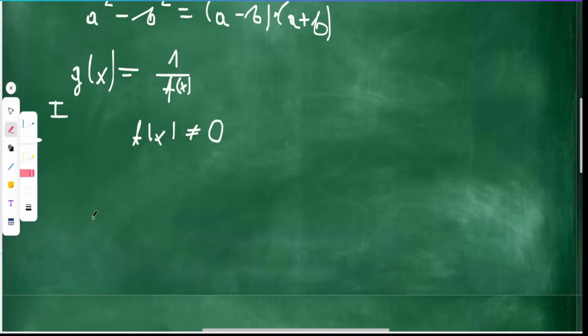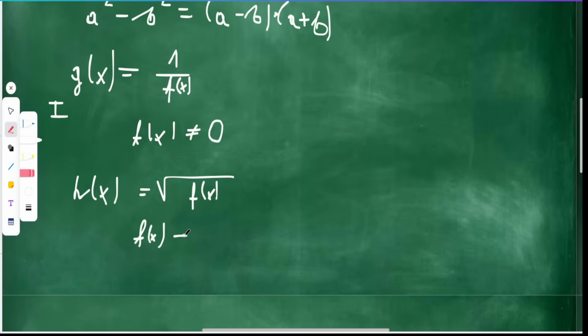Then let's imagine that we could have a function of the type h(x). For example, this function would look like this. But it would be the root of some function f(x). And here we have to think about how roots work, because this is a square root. Roots of the second degree, namely, we can only use such roots to extract positive numbers and possibly 0, so in this case, our function f has to be greater than or equal to 0.